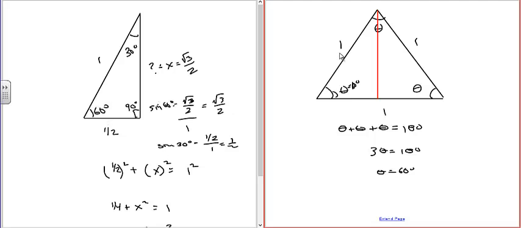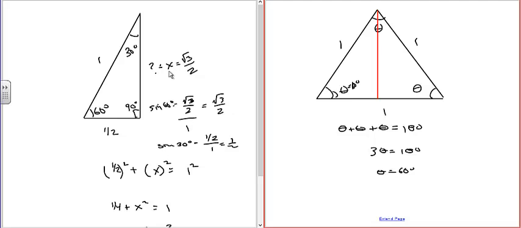And because the equilateral triangle has equal sides as well as equal angles, if we let one side be 1, all of them have to be 1. And if we cut this in half, then this side of this 30, 60, 90 triangle is a half. And then if you use the Pythagorean theorem, you can figure out that the length of the third side is equal to the square root of 3 over 2.